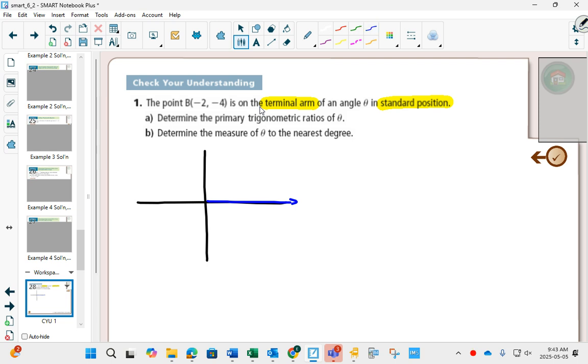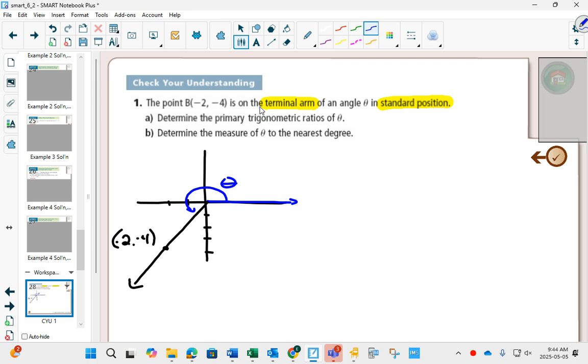And if I label the point -2, -4, right here, that point is on the terminal arm. Now, a terminal arm is where an angle ends. So this is the angle in standard position. This is the angle theta.